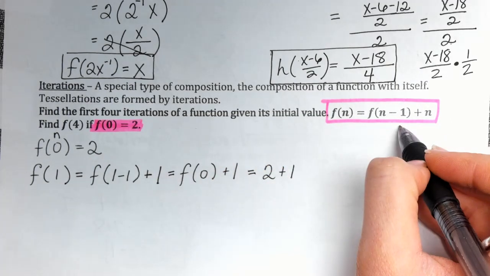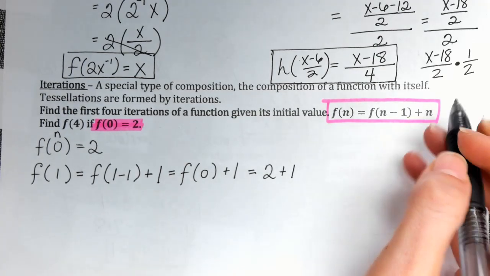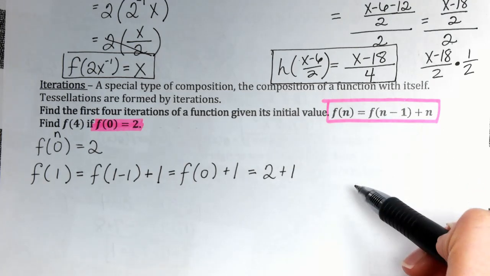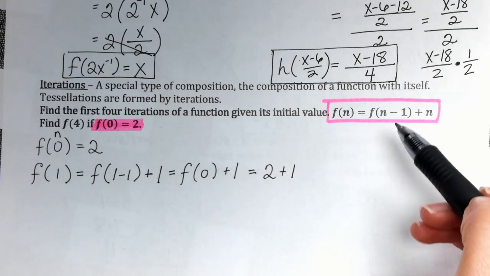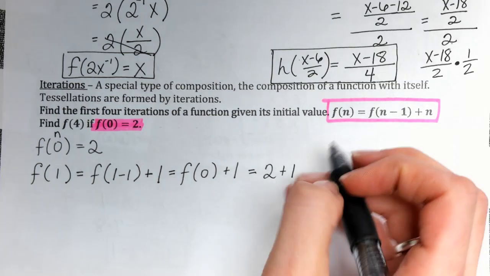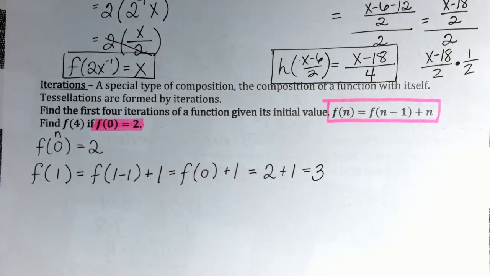So f of n minus 1 is just telling you your previous term. Okay? But it's not always going to be n minus 1 necessarily. What I give you is, but you might not always be given that. Okay? So this is 3. So f of 1 is equal to 3.